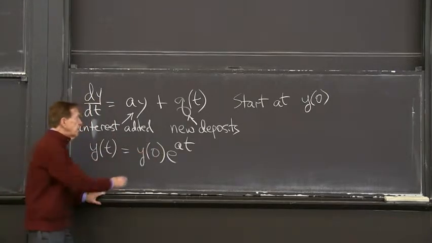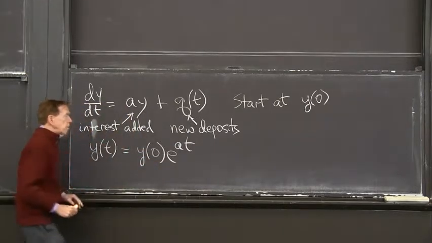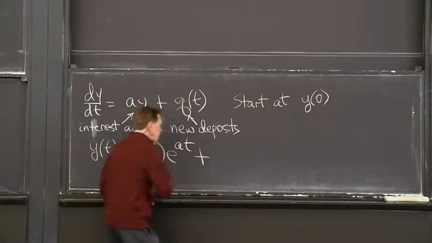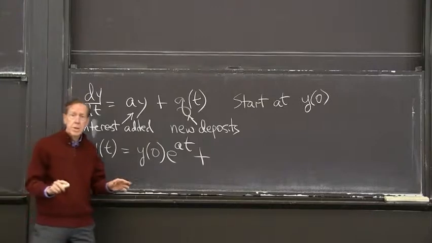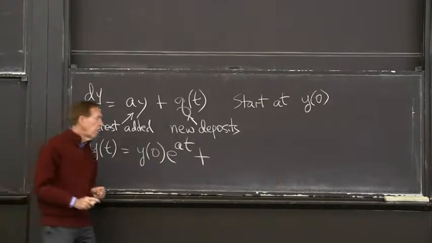Null solution because there are no deposits here. This solves this part of the equation, the null part. But now I want to add in a particular solution, and it'll be the particular solution that matches the deposits. And I want to understand this formula.